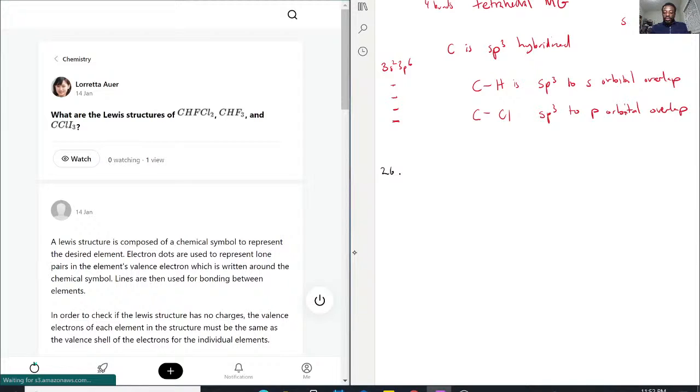Okay, so the Lewis structures of three molecules. Luckily for us, they should be relatively the same shape, almost, where it's tetrahedral.